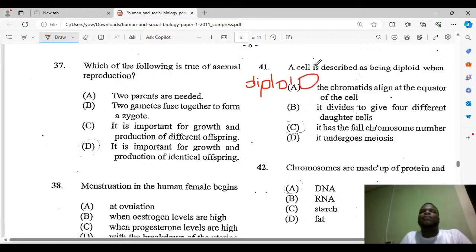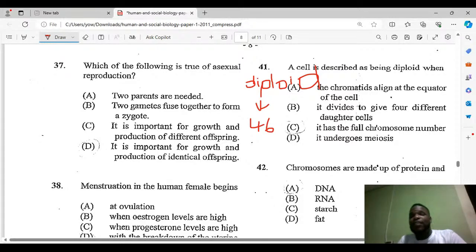That would be mitosis. And mitosis can't be B, because mitosis gives you 2 identical daughter cells, while meiosis gives you 4 different daughter cells.